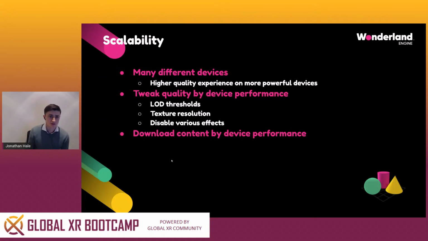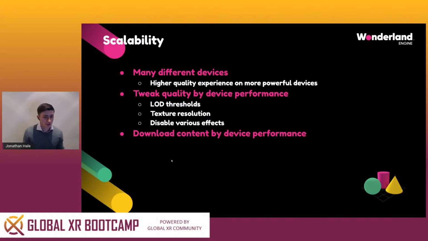So what you can do there is obviously you can tweak the quality by device performance. For example, if you have a LOD system, you just tweak the LOD thresholds to show a lower LOD longer when it's closer to you. You can also reduce all the texture resolutions or disable various effects. Maybe you have a bloom filter on desktop, but you disable that for mobile devices.